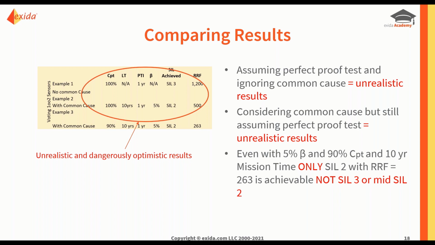If you have lower proof test coverage and higher beta, then obviously the result's going to be lower still. So if our target was to hit a SIL2 with a risk reduction factor of greater than 300, in the first two cases, we'd say, yeah, we've done that. But in reality, we haven't met it. And that's the other thing to remember.